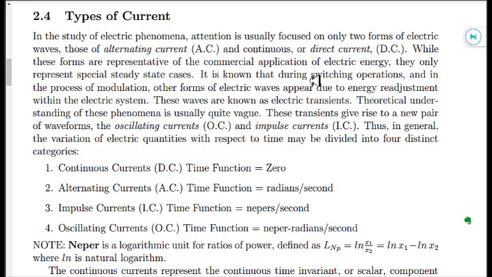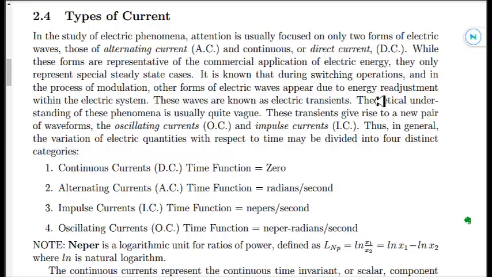It is known that during switching operations and in the process of modulation, other forms of electric waves appear due to energy readjustment within the electric system. These waves are known as electric transients. We've talked about transients before. Transients are temporary conditions.